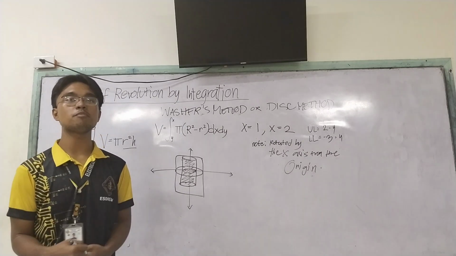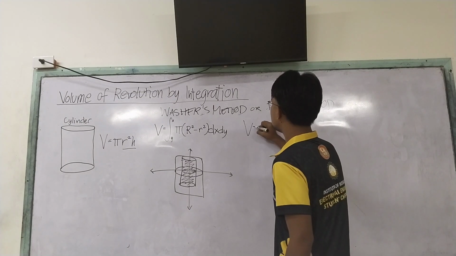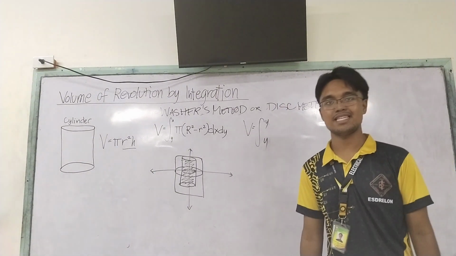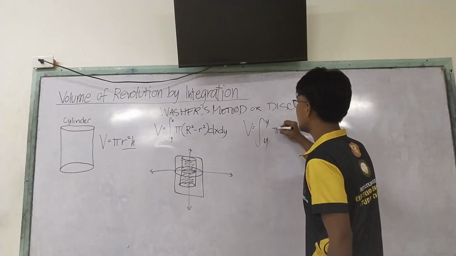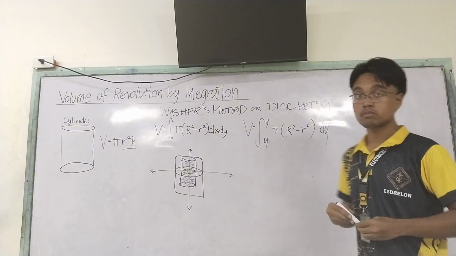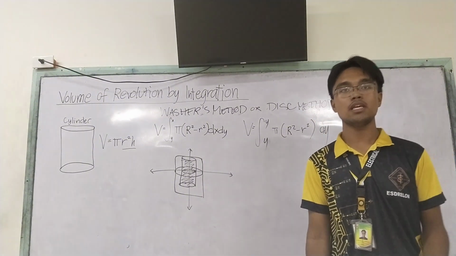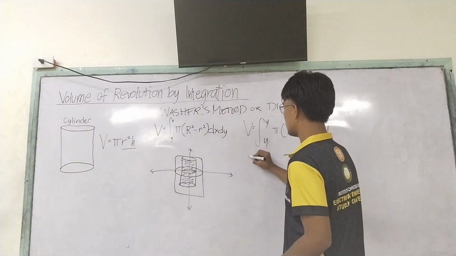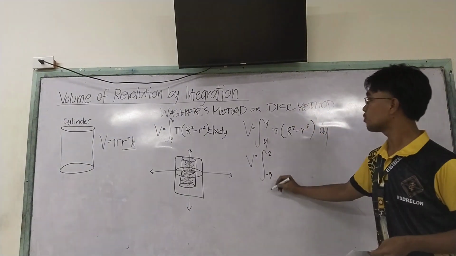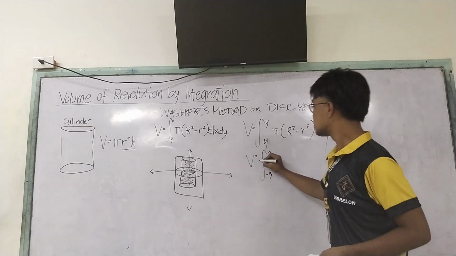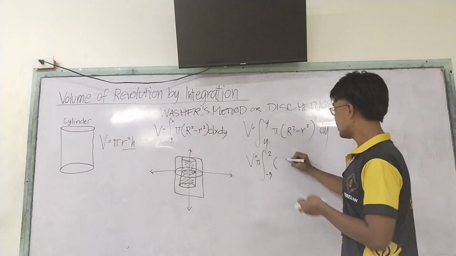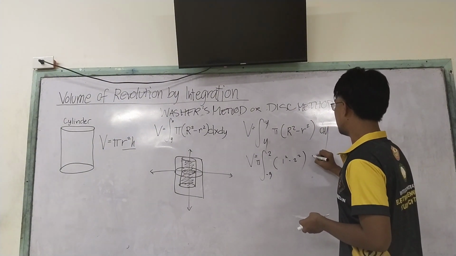First, we will be using the formula that I gave to you earlier, V equals the integral from negative 3 to 2 of pi times 2 squared minus 1 squared dy.